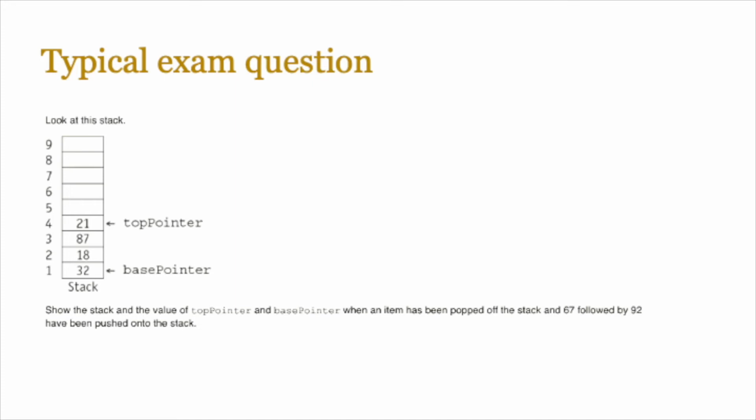So you've got three stages and you need to give the top and the base pointer after the third stage. So take a value out, that means remove 21, add 67, add 82. What's the value of the base pointer? What's the value of the top pointer? It doesn't require any code, it just requires you to work out some basic arithmetic. So pause the video and hopefully work out the solution.